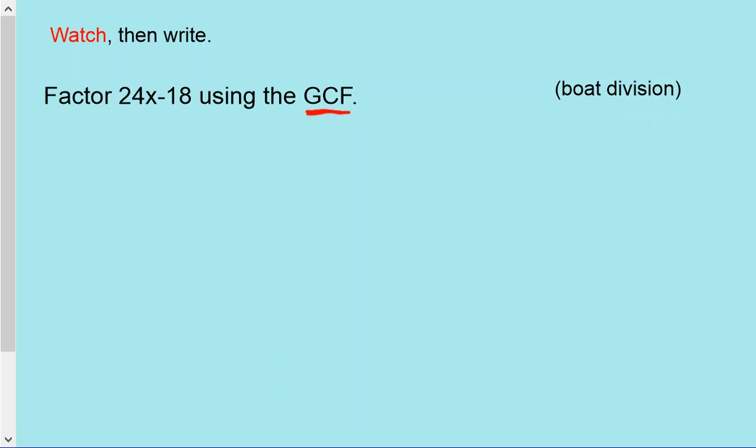In this one, we can just start by listing the factors. So for 24, it would be 1 and 24, 2 and 12, 3 and 8, and 4 and 6.